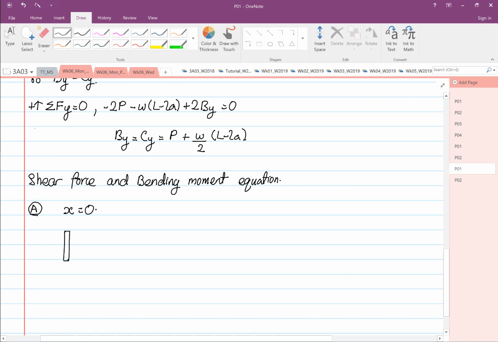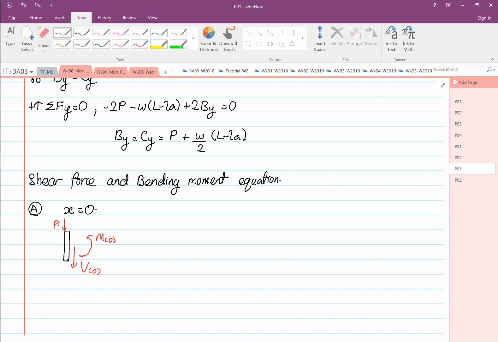And then we know that we have a P coming down, and then we have our shear force, so this is equal to V at x equal to 0, and then moment is equal to 0.